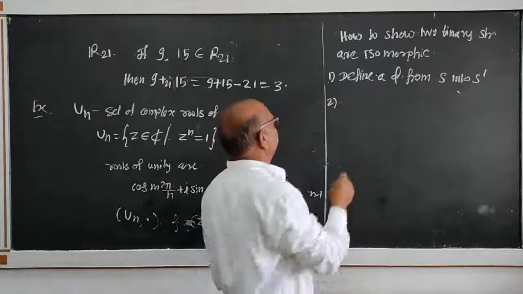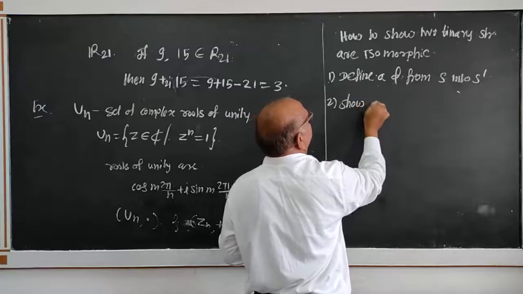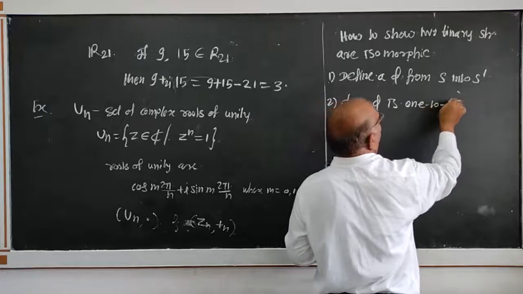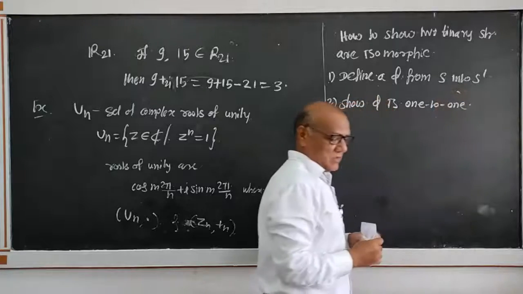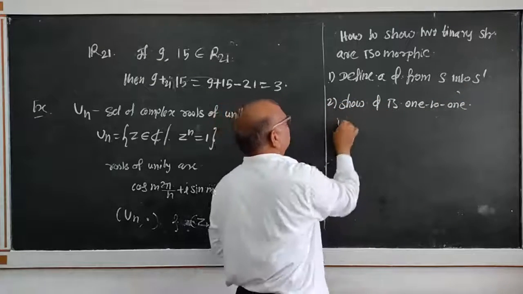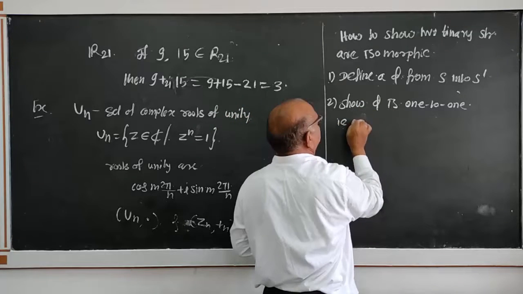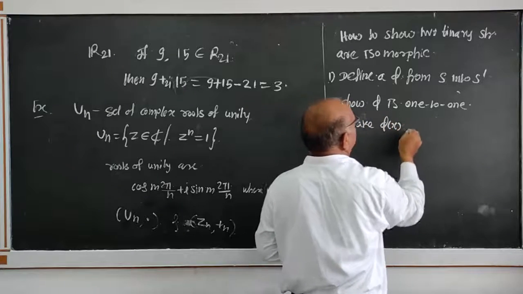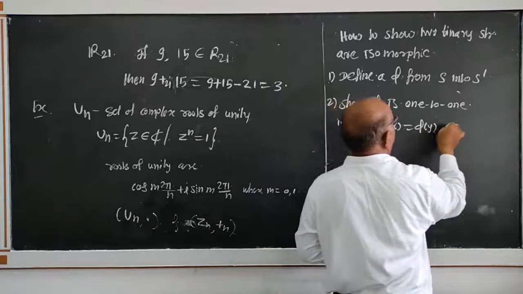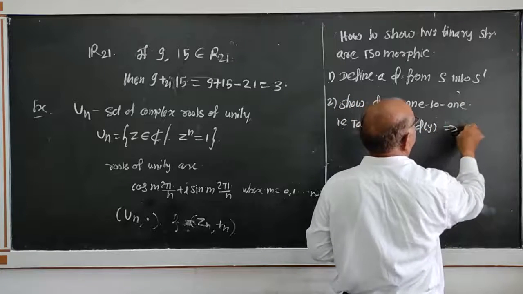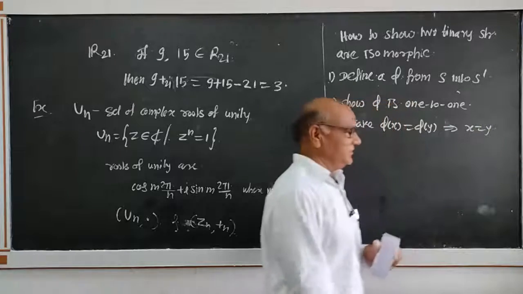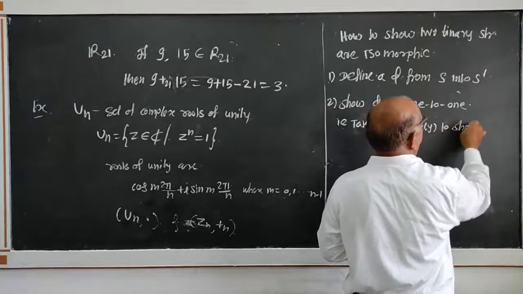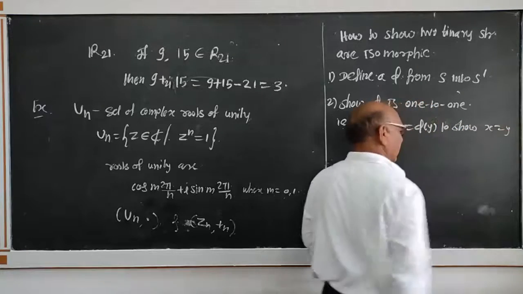Second, show phi is 1 to 1. That means if we take phi of x equal to phi of y, it implies x is equal to y; we need to show x is equal to y.